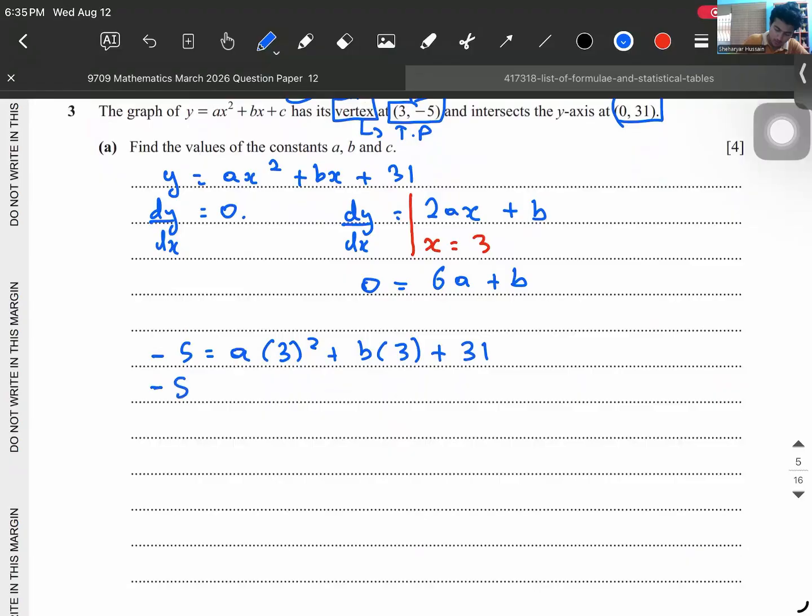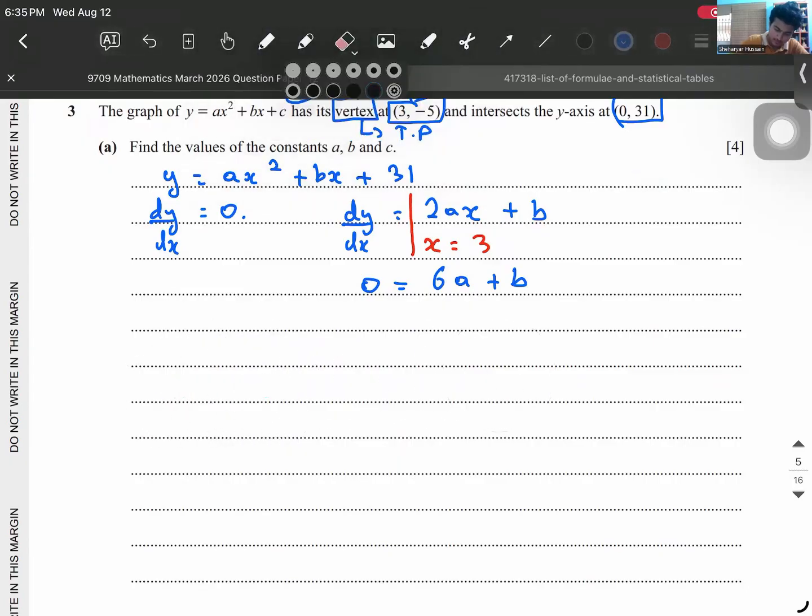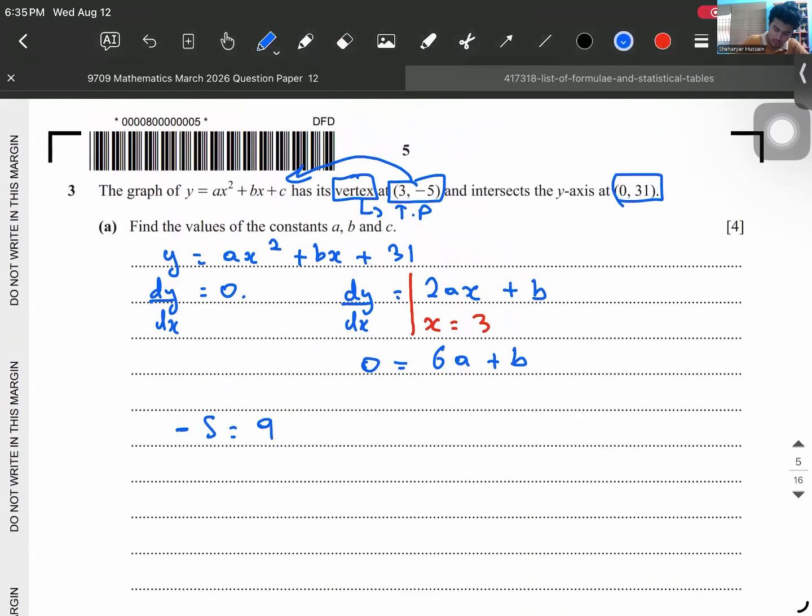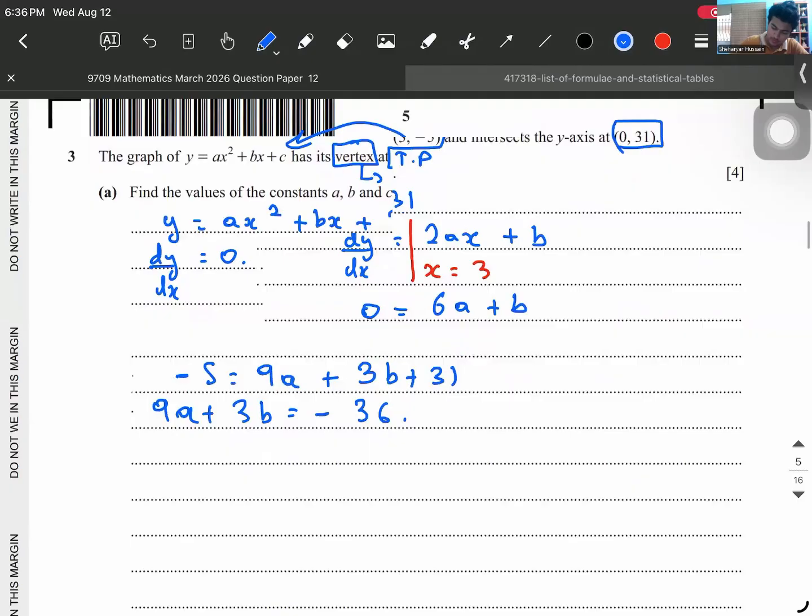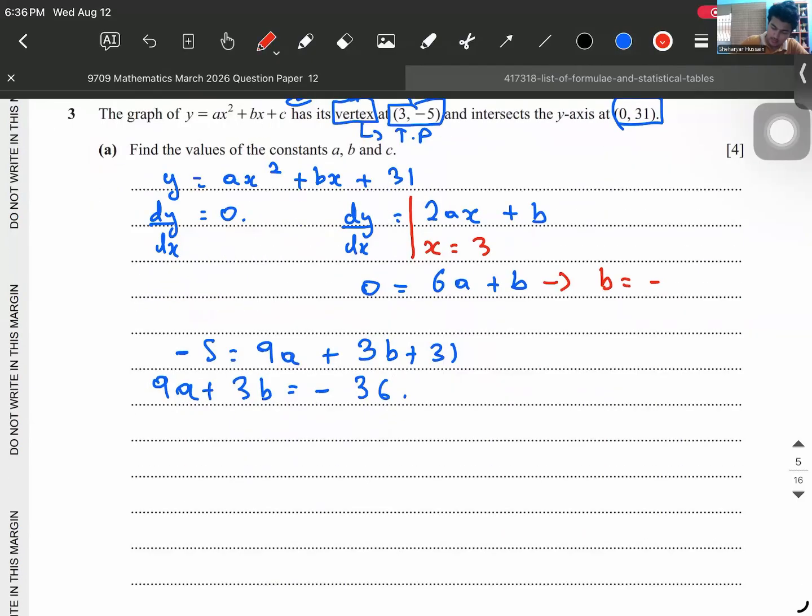So negative 5 equals 9a plus 3b plus 31. So we are getting over here 9a plus 3b equals negative, what are we getting? Negative 36, right?